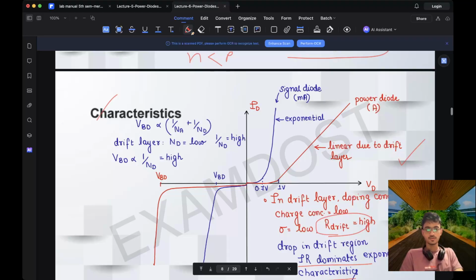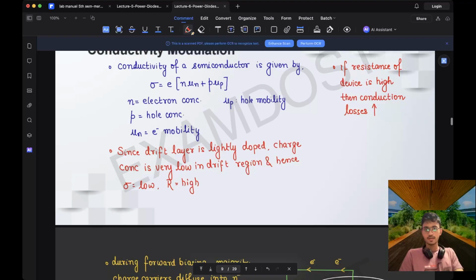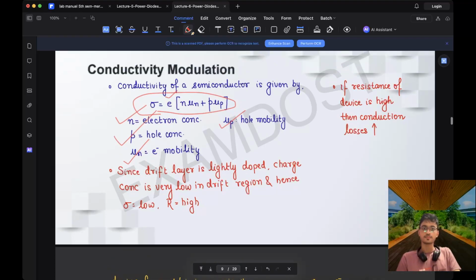Okay, so I understood. Yeah, I was telling you about this formula. We know n is the electron concentration, p is the hole concentration, and mu is mobility, like how mobile it is. Yeah, conductivity of a circuit.